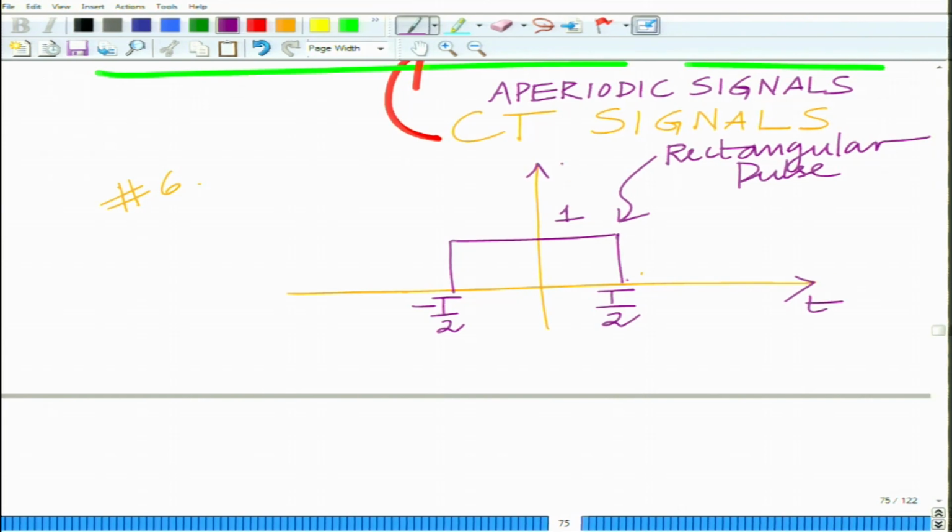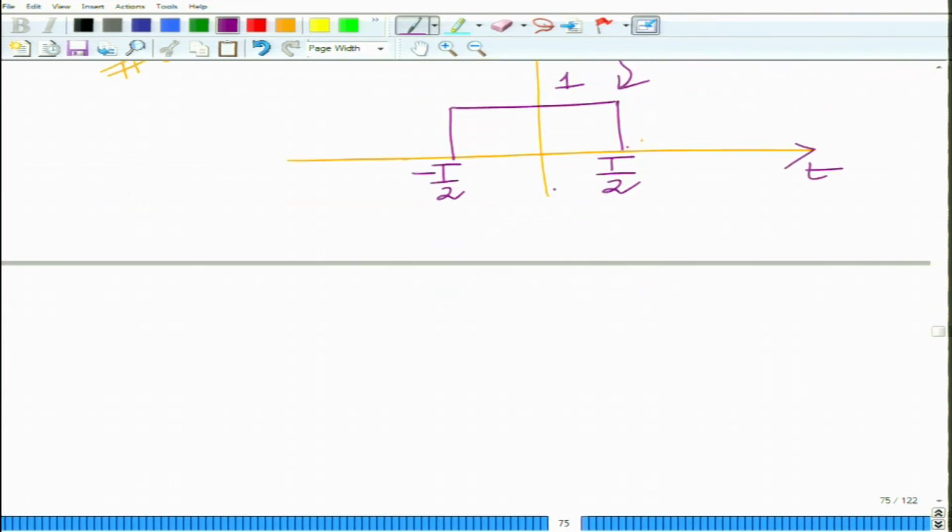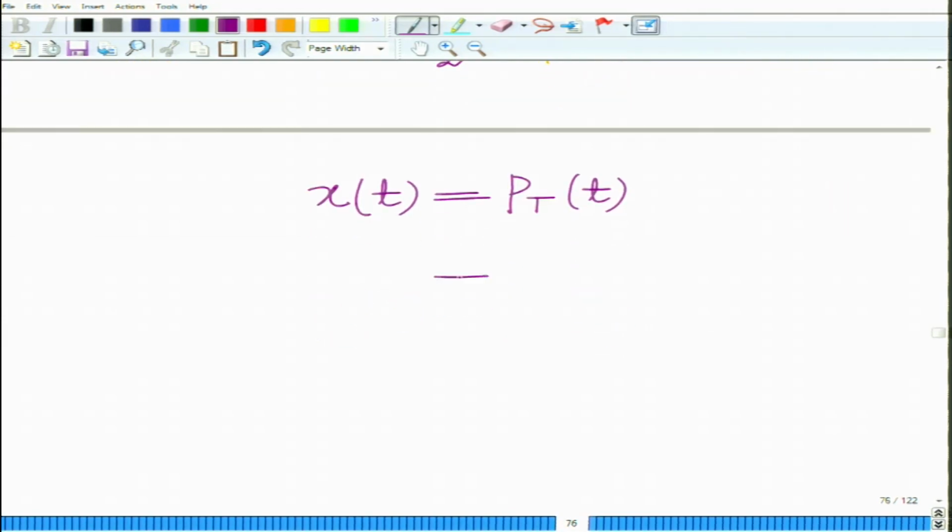This is in time domain, this is the signal x of t. We denote this as the pulse x of t equals p T of t, pulse of width T, which to define it formally is 1 for magnitude of t less than or equal to capital T over 2, and 0 otherwise.